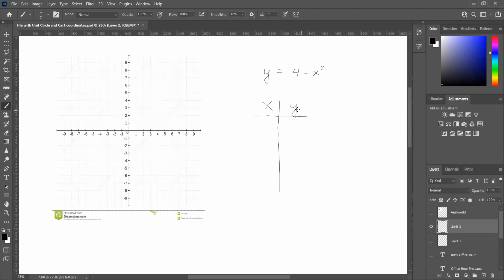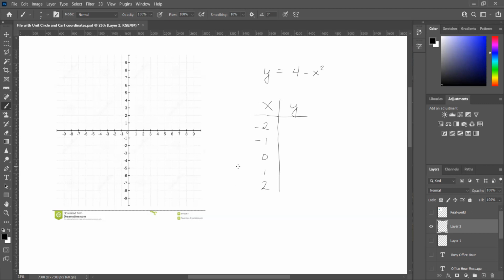When we have an equation with x and y in it, we can always do this. And what we'll do is we'll pick, say, a bunch of values that we want x to be. And then we will figure out from those x values what the corresponding y value would be.